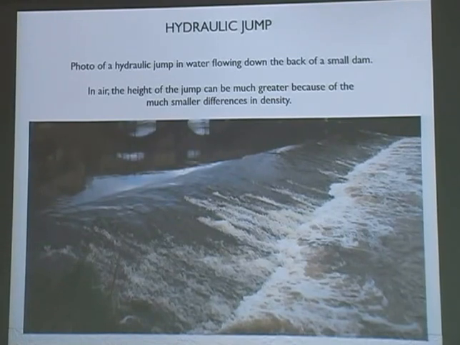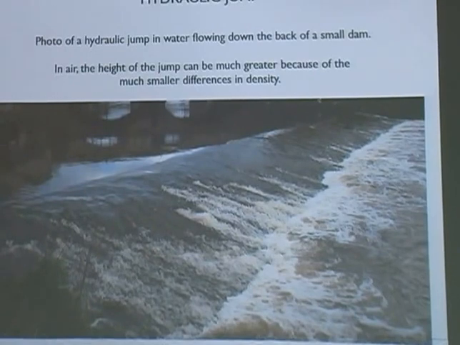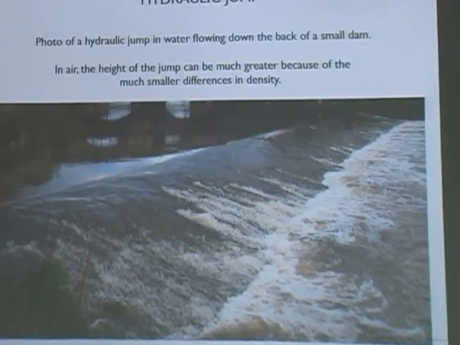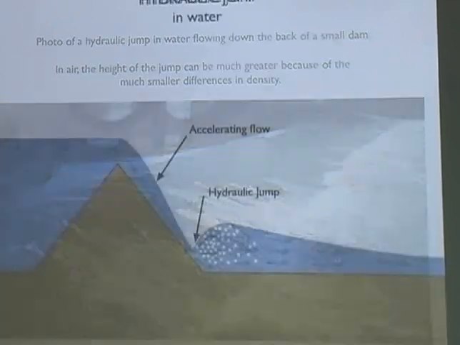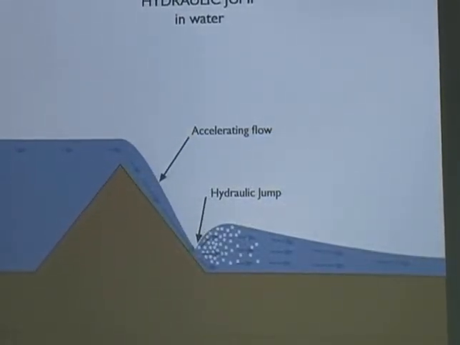So it goes from high-speed, relatively laminar flow, to a low-speed turbulent flow. It's called a hydraulic jump or hydraulic bore. And this is in water, of course, very dense. In air, that jump can be much higher, miles instead of inches.